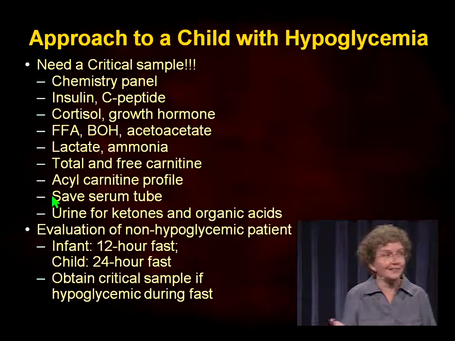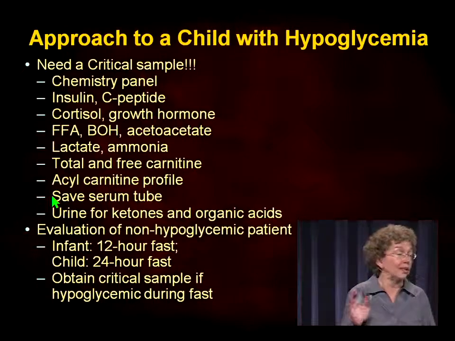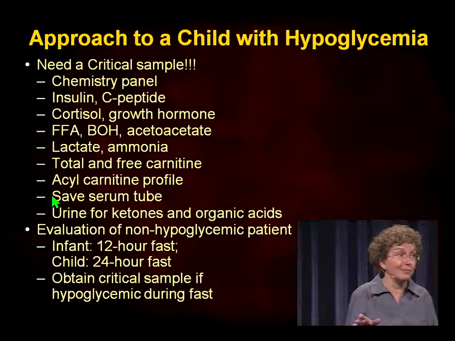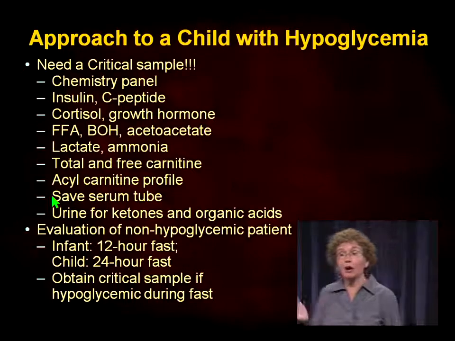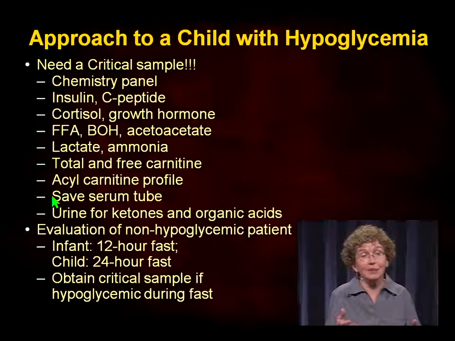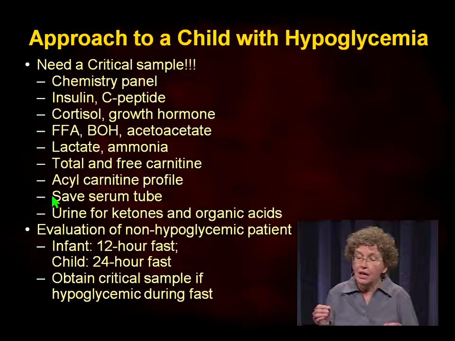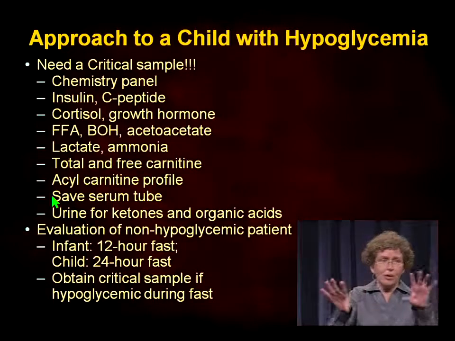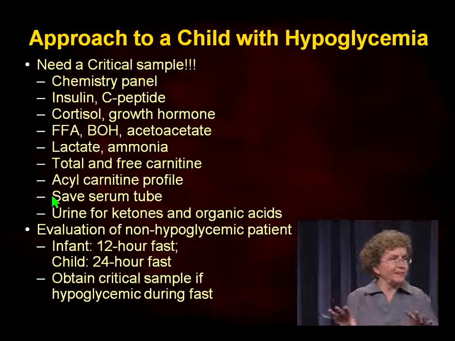We have to fast them. We have to bring them in and let them sit in the observation unit for 12, 24, 36 hours potentially and not feed them. We are not the most popular doctors at that point, okay? Hopefully they'll have a low blood sugar and then we can get the sample. But again, the critical sample is about trying to figure out that wiring diagram. Where do they fit, okay?